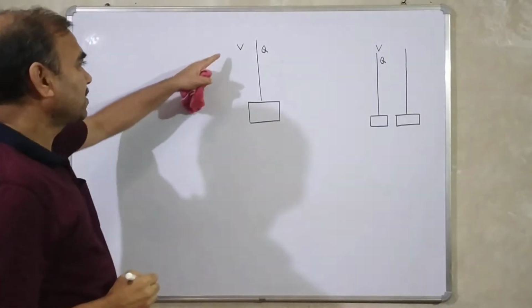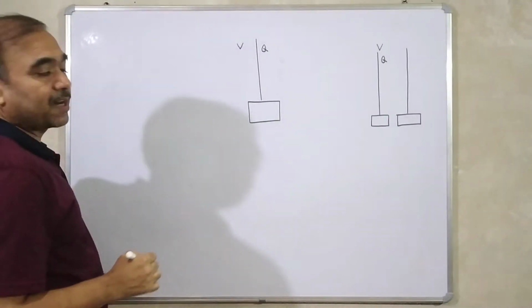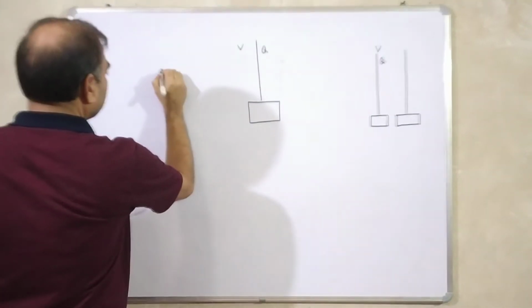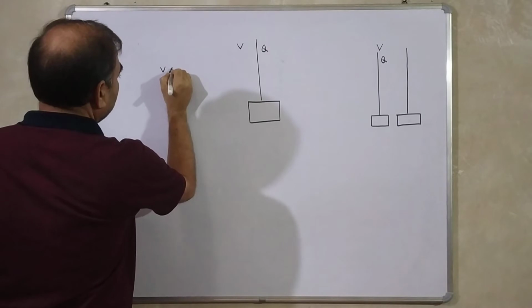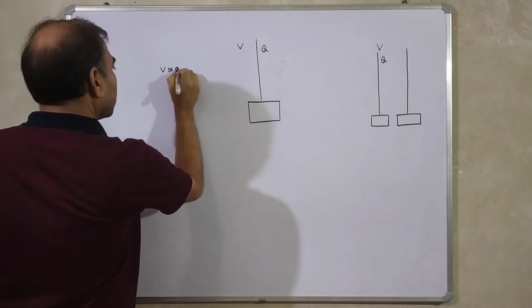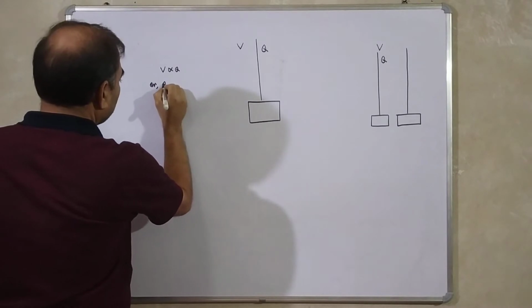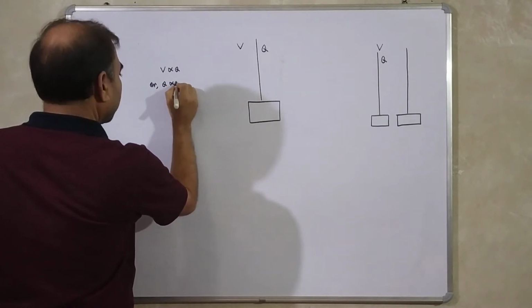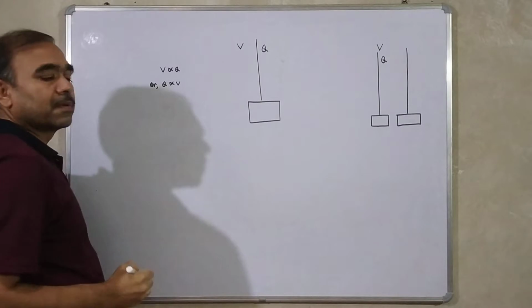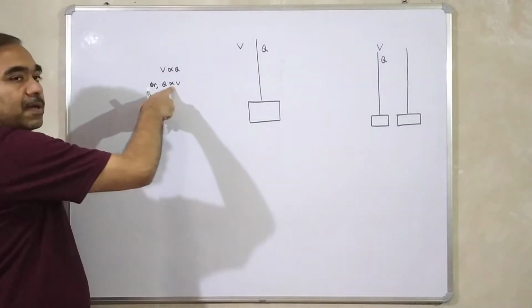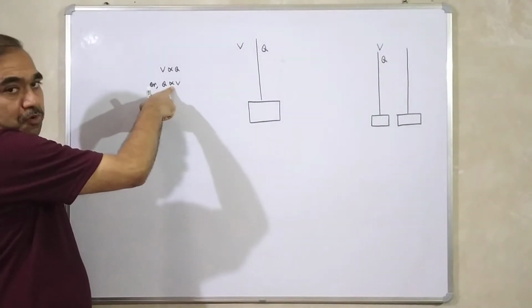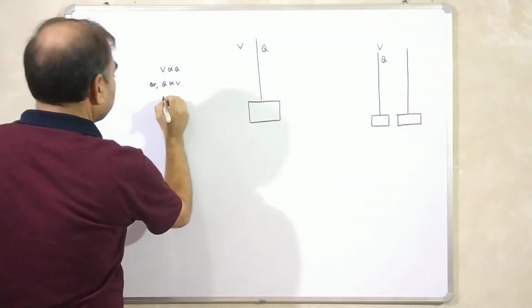This is to say that this potential is directly proportional to Q. Potential directly proportional to Q, or Q proportional to V. If we just remove this proportionality sign, then what do you have to write?